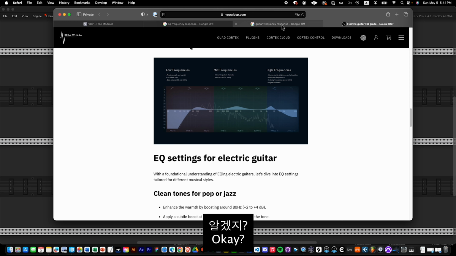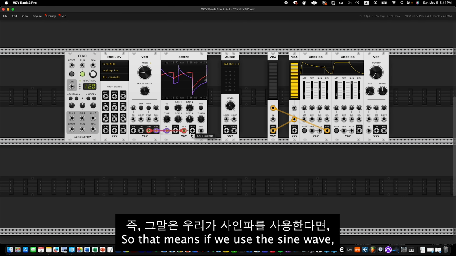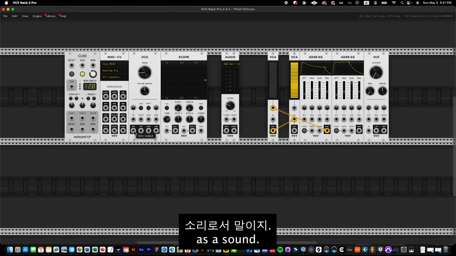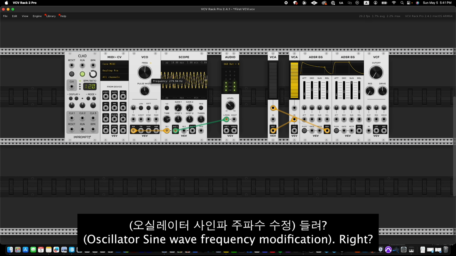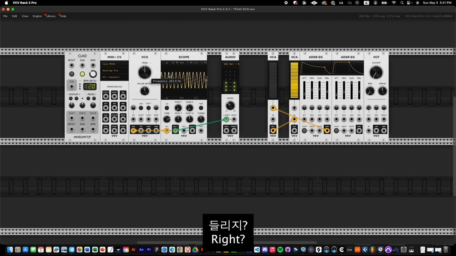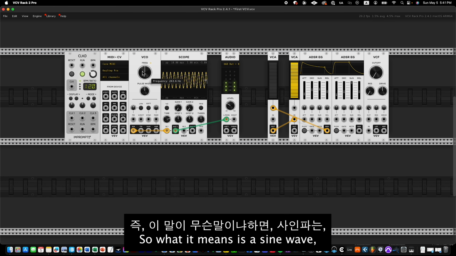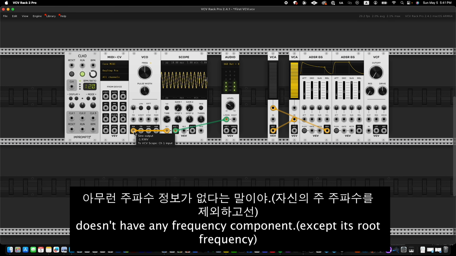So that means if we use the sine wave as a sound, we can bend the pitch. This is a sine wave. What it means is a sine wave doesn't have any other frequency components.